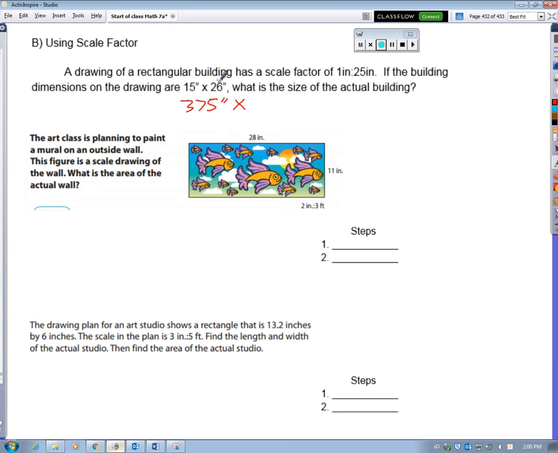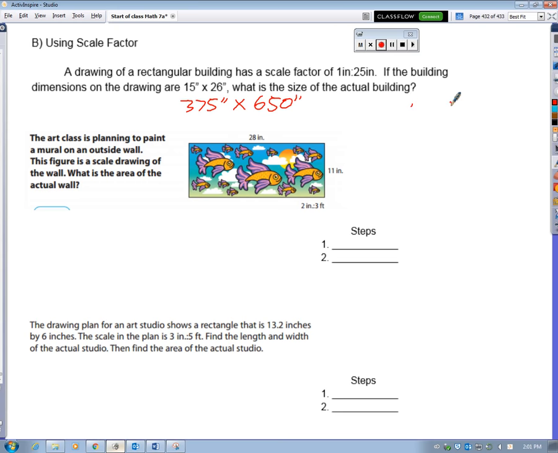Now, same thing with the next one. 26 inches on the paper, I'm going to multiply that by 25 inches of our scale, and that will give me 650 inches. Okay, that is the size of the actual building, 375 inches by 650 inches.